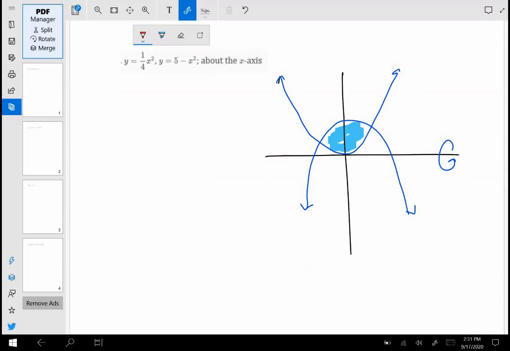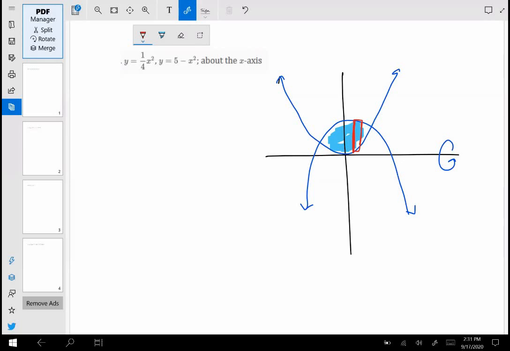All right, so this one we can think about just a little bit and maybe come up with a plan of why we would choose one over the other. Okay? If I choose to use the disk method, then my rectangle is going to run here, perpendicular to the axis of rotation.